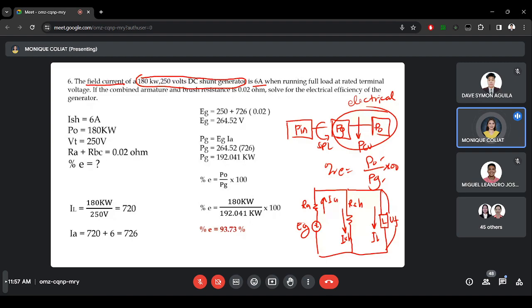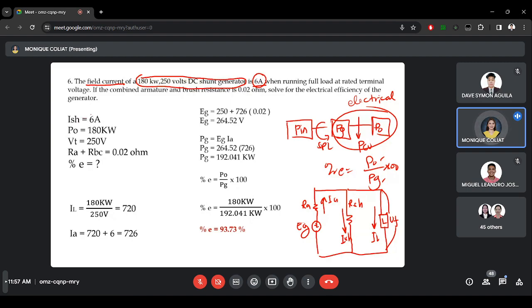Ang value po ay mababa, 6 ampere lamang. That means it is a shunt field current. Okay? Di ba yung shunt field resistance natin malaki lagi? Mga 50, 60, 100, 120, 220, and so on. That means your ISH is mababa.